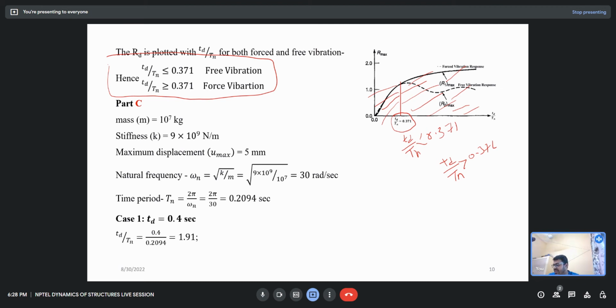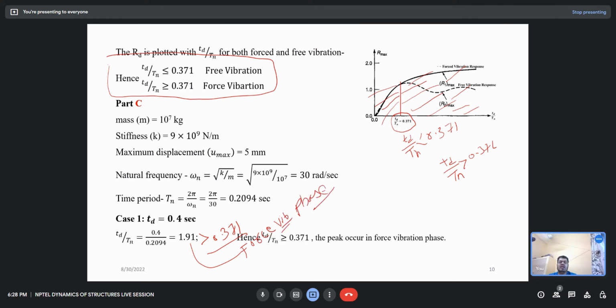If my Td by Tn is 1.91, that is greater than 0.371, so my response is governed by the forced vibration phase.